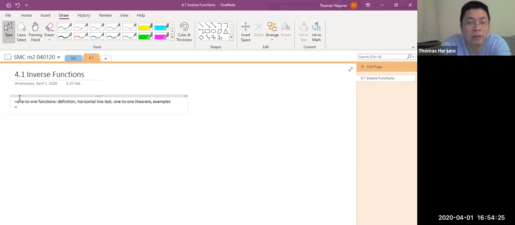Now, after that, we will talk about inverse function. First, of course, the definition, notation, and some simple examples, and how to find the inverse function.